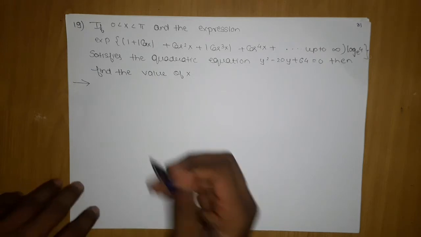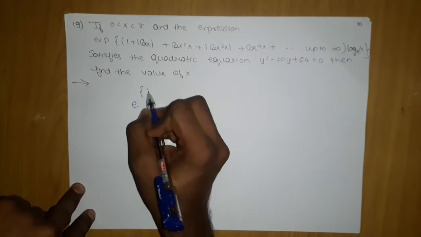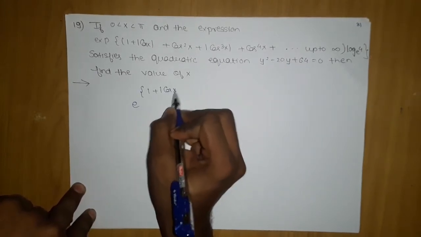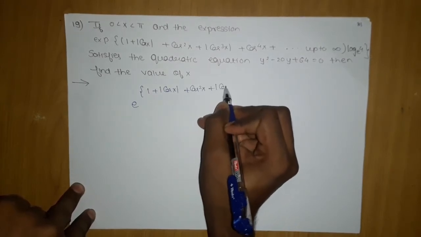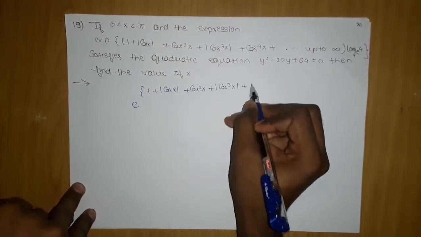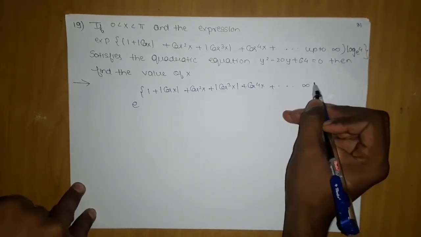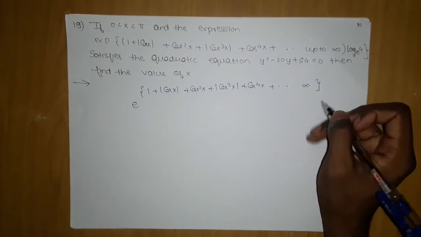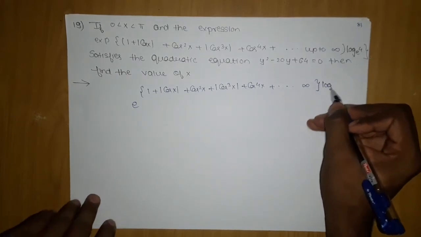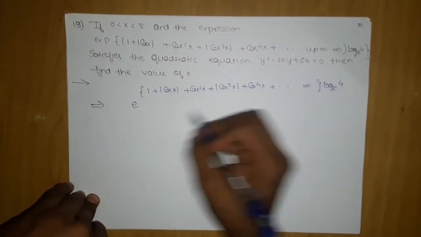So the expression is e to the power 1 + |cos x| + cos²x + cos³x + cos⁴x, and so on till infinity, and here it is log of 4 to the base e. One thing I can observe is that these terms are in GP.